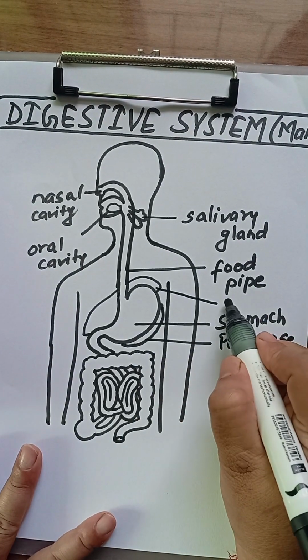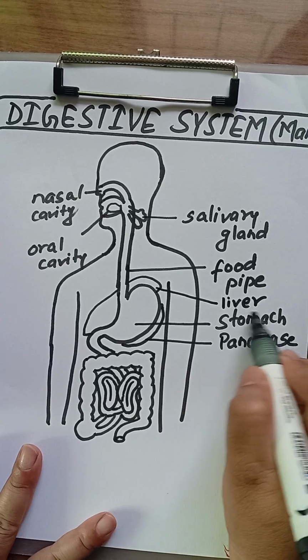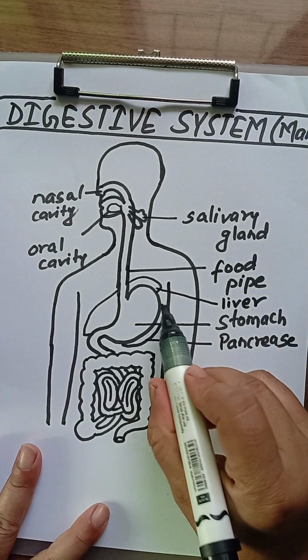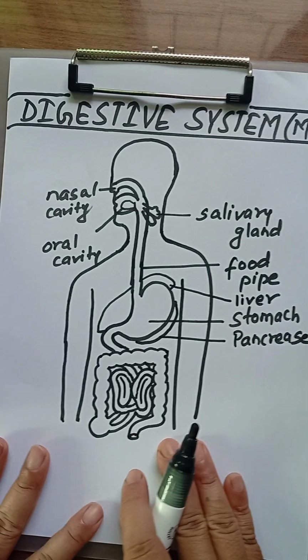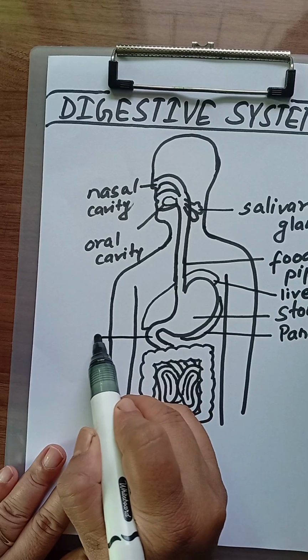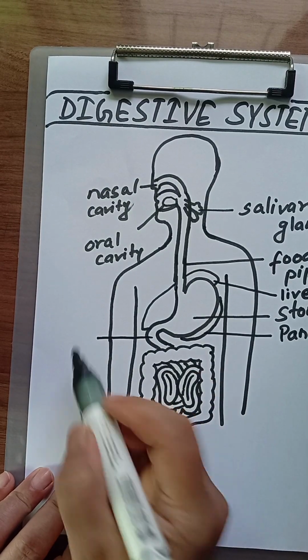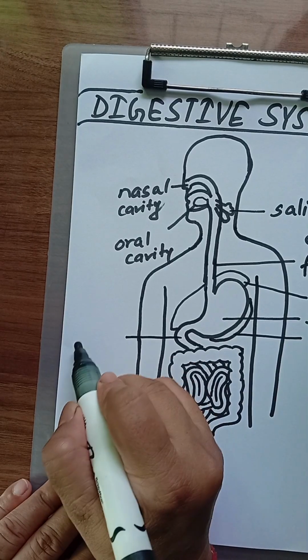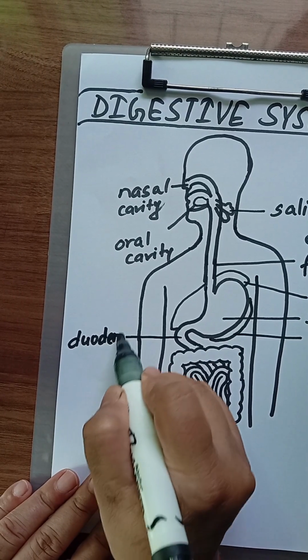And this one is the liver. Liver is the largest digestive gland present inside the human body. Then this one is the first part of the small intestine. It is U-shaped in structure and it is known as duodenum.